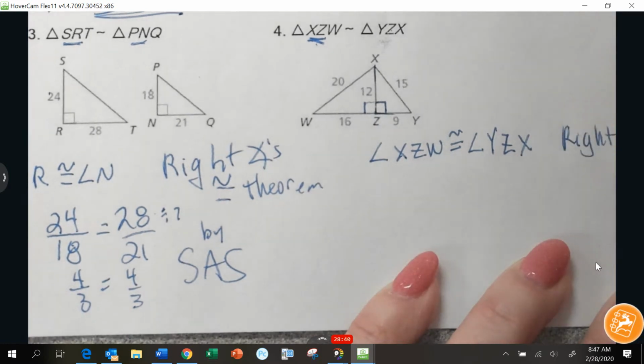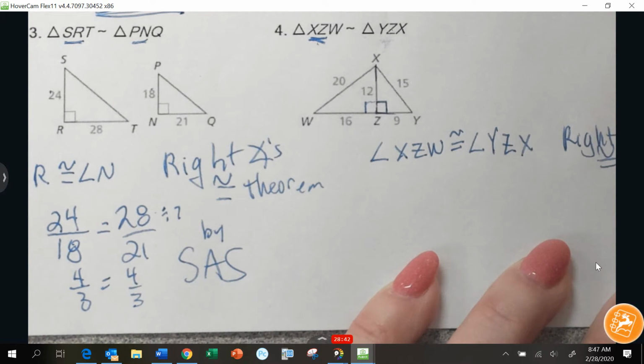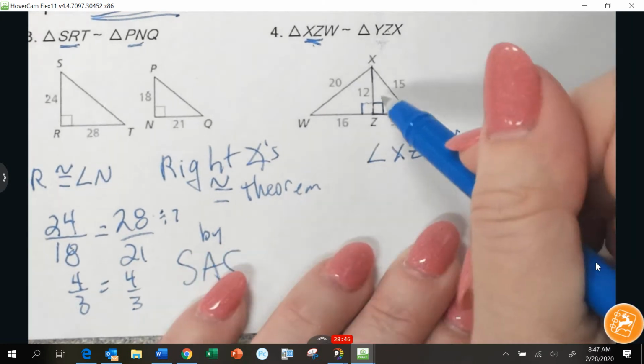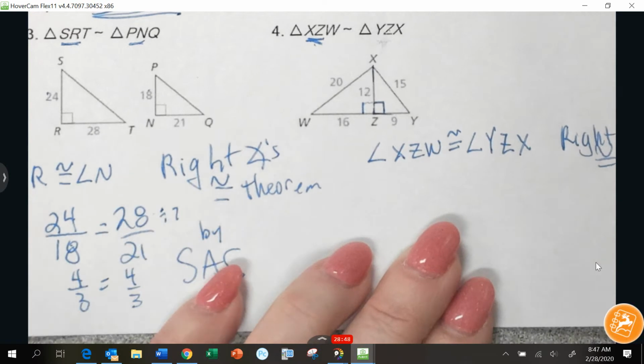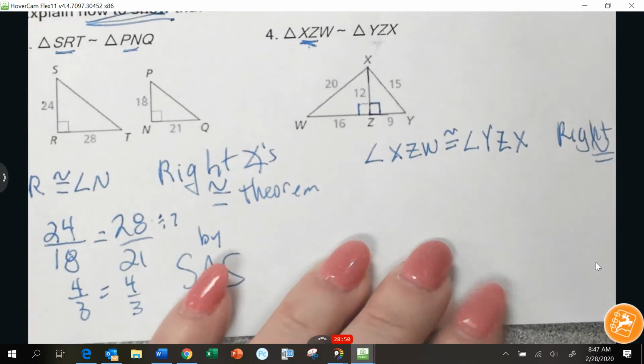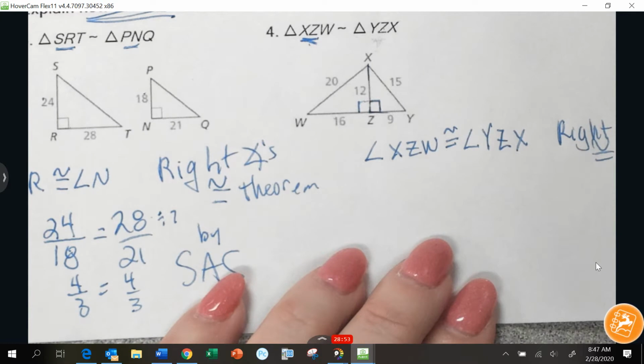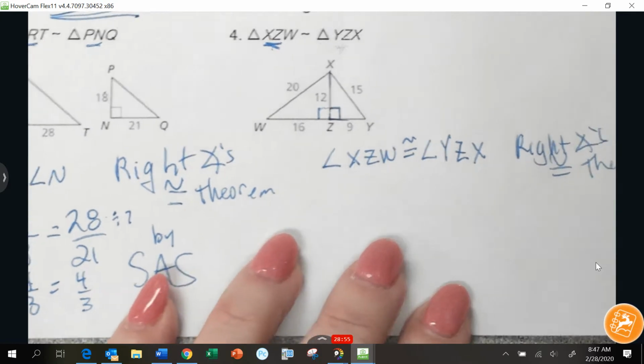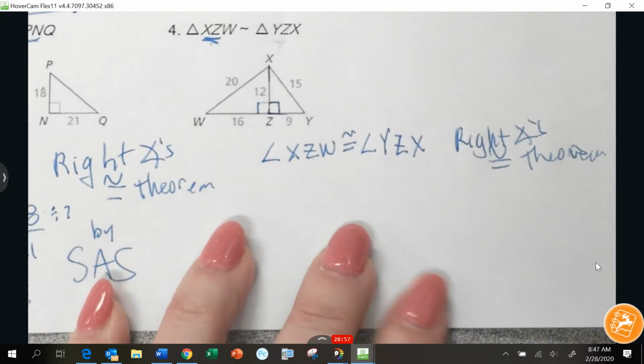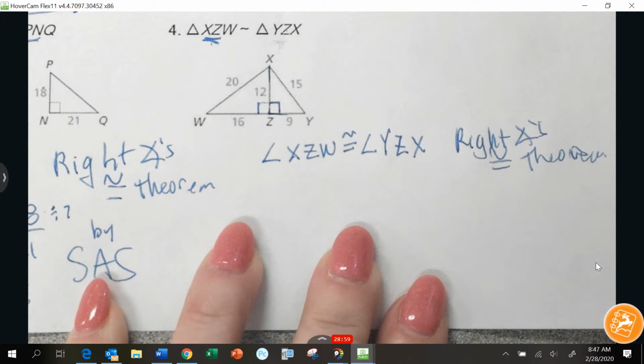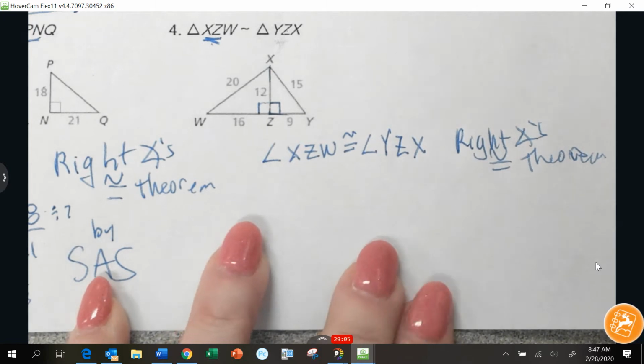Right angles congruence theorem. All right, and then if we've got two angles congruent, then what do we need to do from there? Aaron, if we have two angles congruent, what else do we need to do? We need to show that we have some proportional sides.